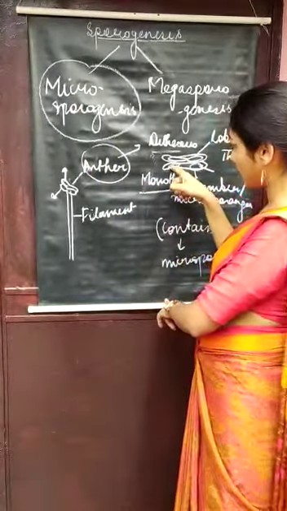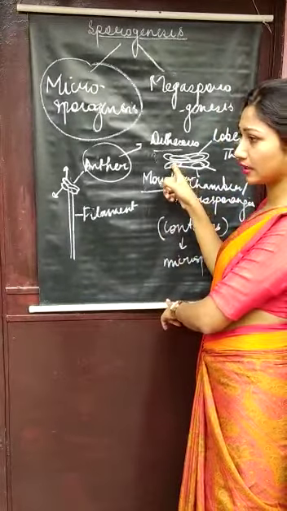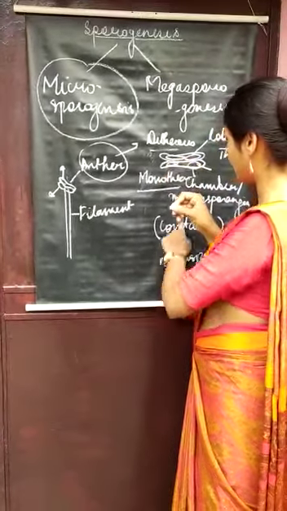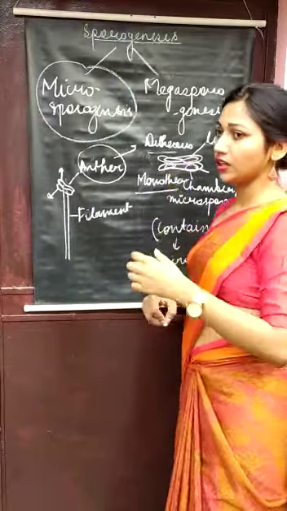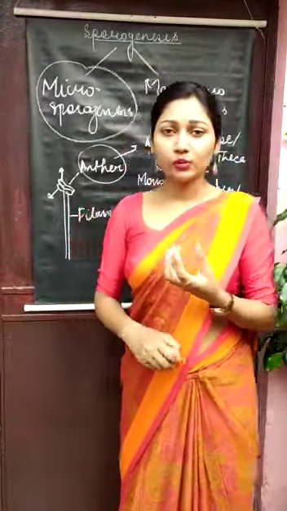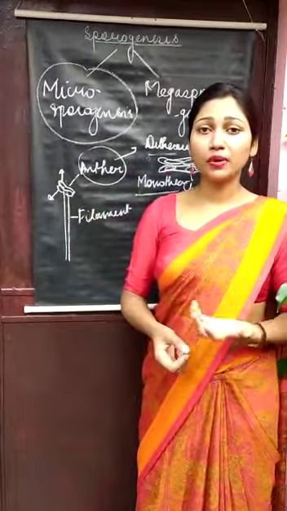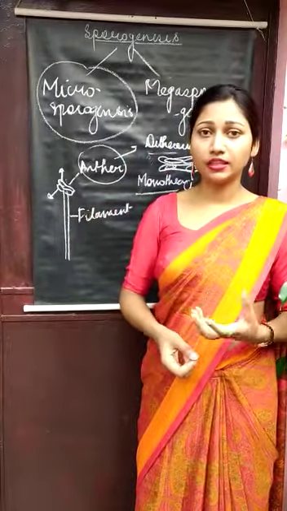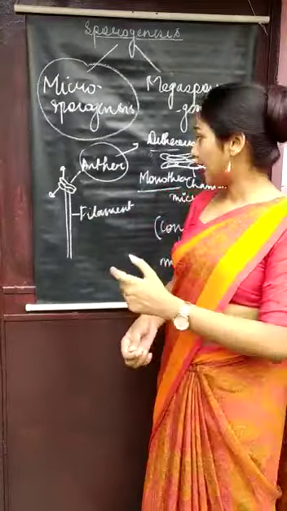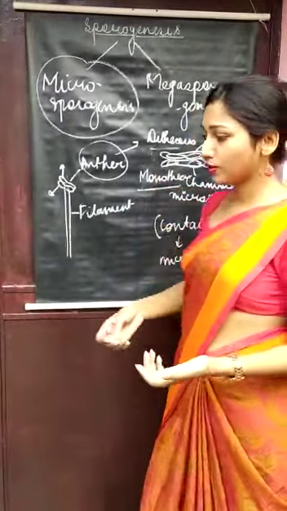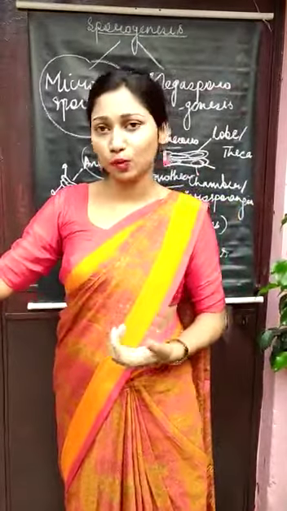This is the position where microsporogenesis occurs. This is the chamber, and this chamber is called microsporangia. These microsporangia contain a meristematic mass of cells. This mass of meristematic cells has the capacity to divide. And in these cells, a lot of cells behave as microspore mother cells.